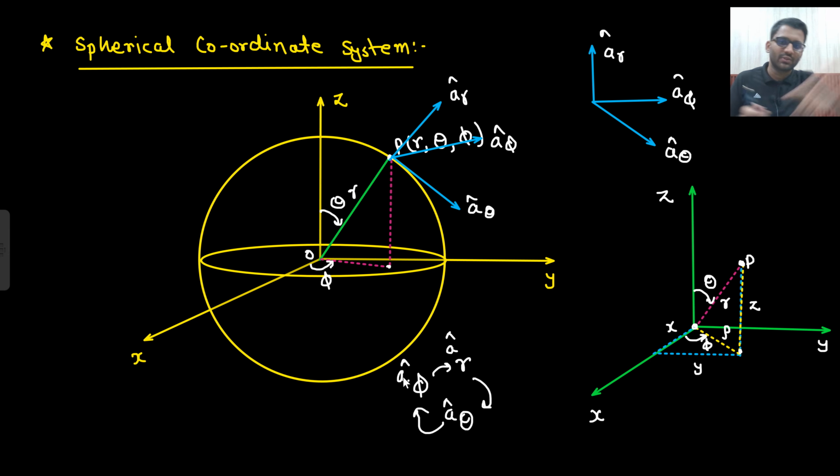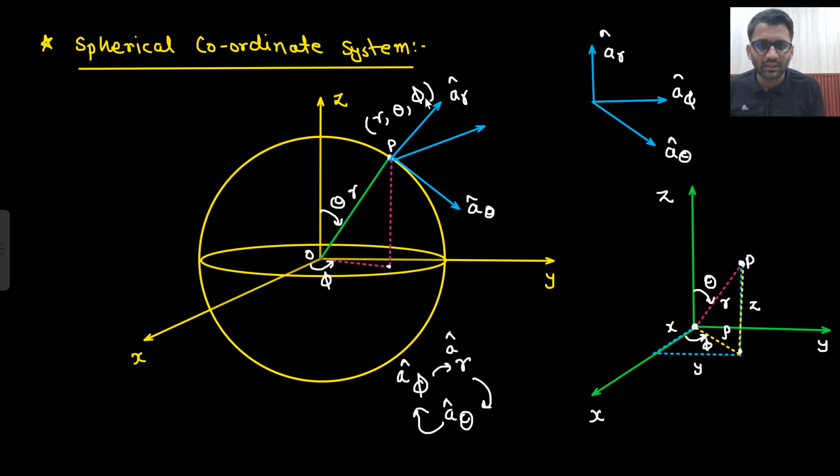Phi is in this direction, so I should have made this better. Phi will be somewhat like this, increasing here, and this is your point P. So the coordinates are written as r, theta, phi. Point P in Cartesian was x, y, z.